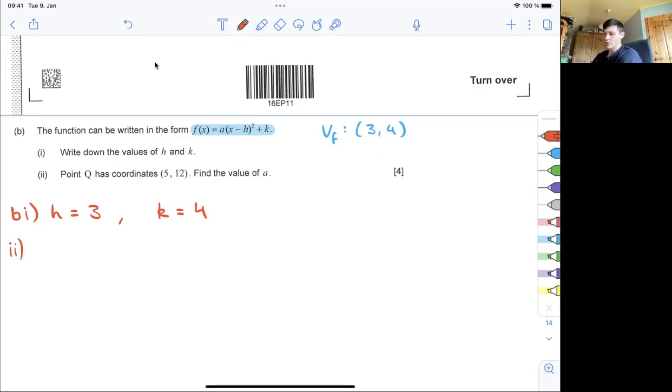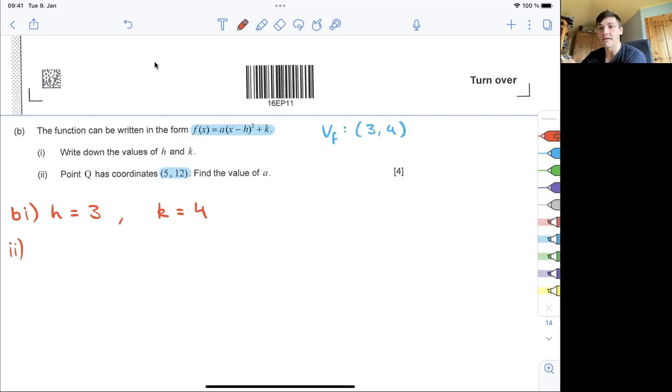We are told that point Q has coordinates (5, 12), and now we have to find the value of a. So what we're going to do is plug in x equals 5 into f(x).